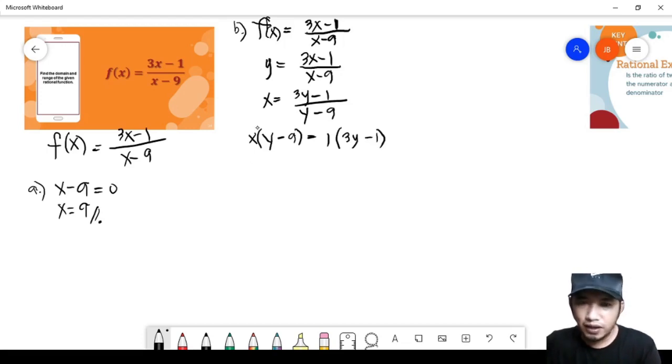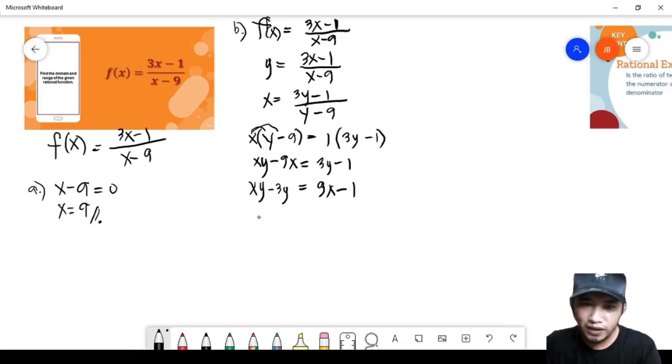And then multiply, x multiplied to y is xy, and then x multiplied to negative 9 is negative 9x is equal to 3y minus 1. Pag samasamahin ang may y, xy, okay, negative 3y is equal to 9x minus 1.